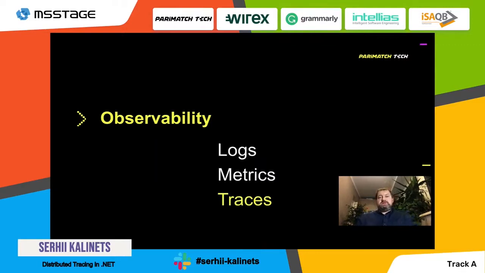Observability consists of three major pillars. These are logs, metrics, and traces. Logs and metrics are familiar to everyone. I guess every developer at least once in his or her life, or maybe a lot of times, created logs.